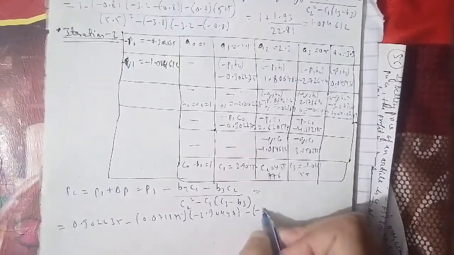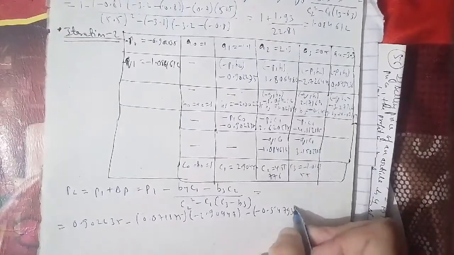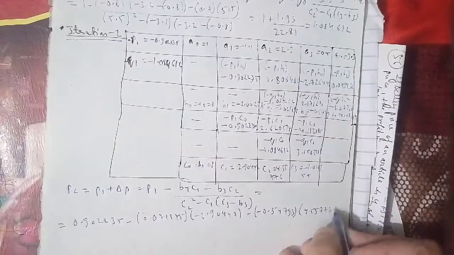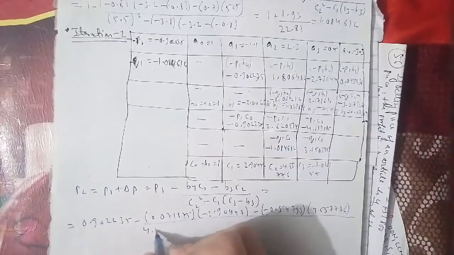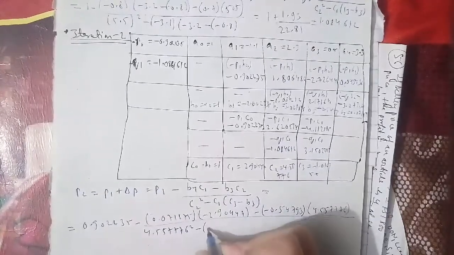That is equal to 0.902235 minus 0.040975 upon 17.979332, which is equal to 0.9. And we have another one for Q2.